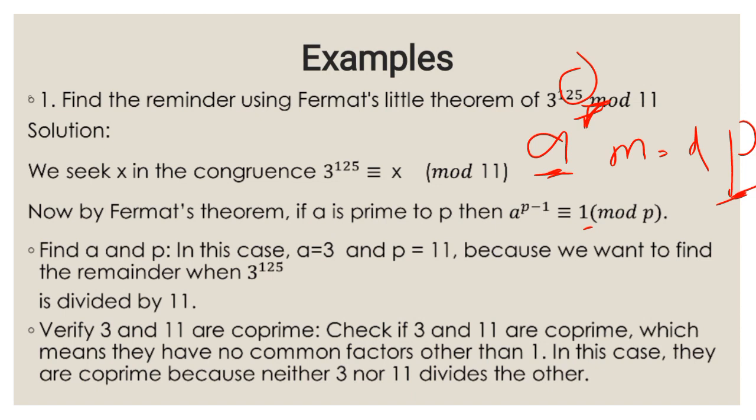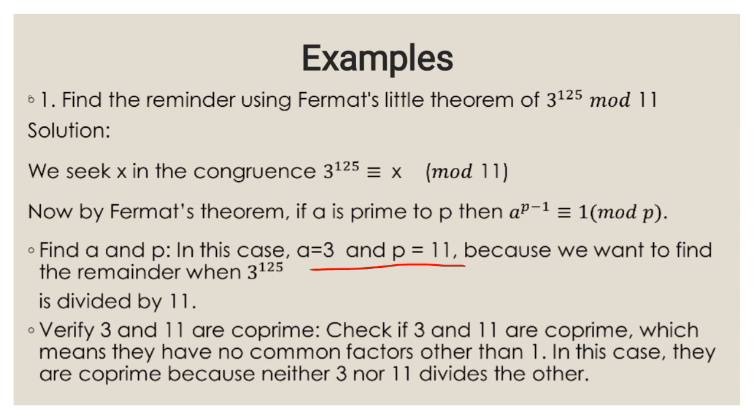From this, you can agree with me that A is 3 and my P is 11. We agreed that A is 3 and P is 11 based on what I've just shown you on the screen.